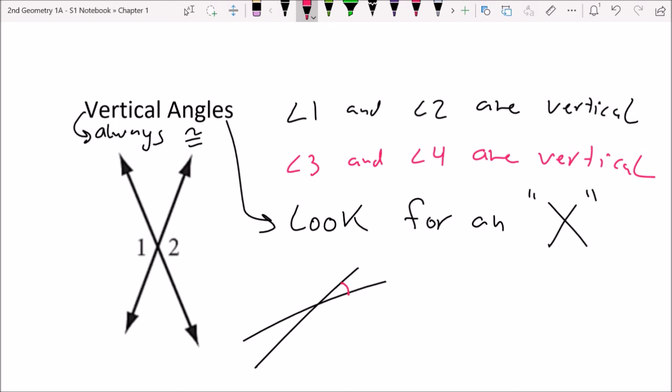So this angle is vertical to this one, and they are congruent. This angle is vertical to that one, and they are congruent. Same thing over here, okay? Congruent angles here. And then the ones that are across from each other here are also congruent, but they're different from 1 and 2. So that's the giveaway. Two lines crossing, for a fact, there's vertical angles in there, okay? And they are going to be congruent always.